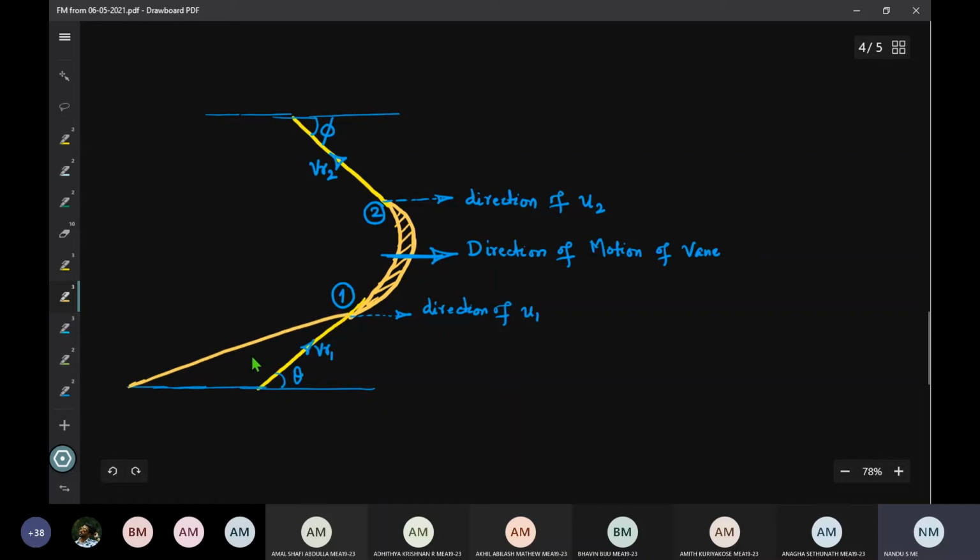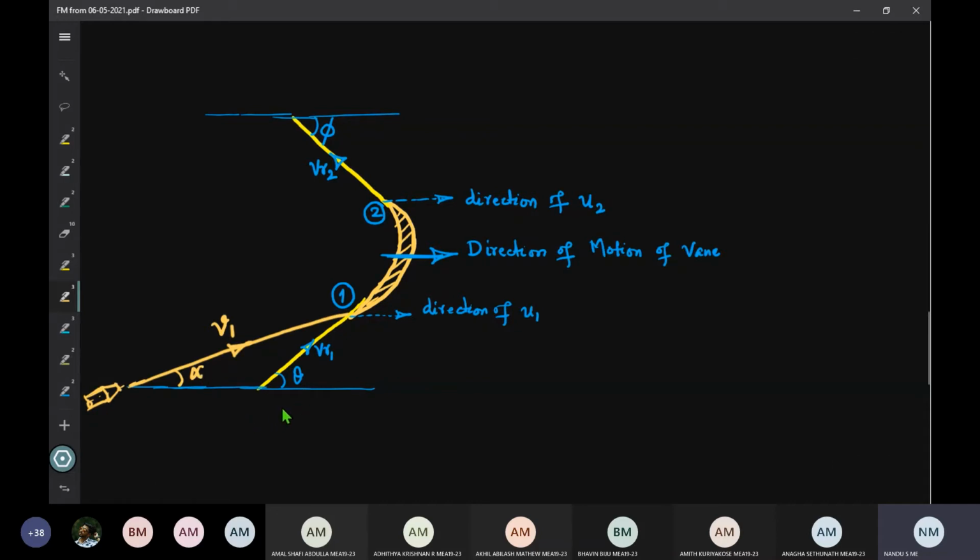This is the absolute velocity or jet velocity V1. Consider that the nozzle is directing the jet at this angle, and because of that the angle here is alpha, called the guide vane angle at inlet, alpha.